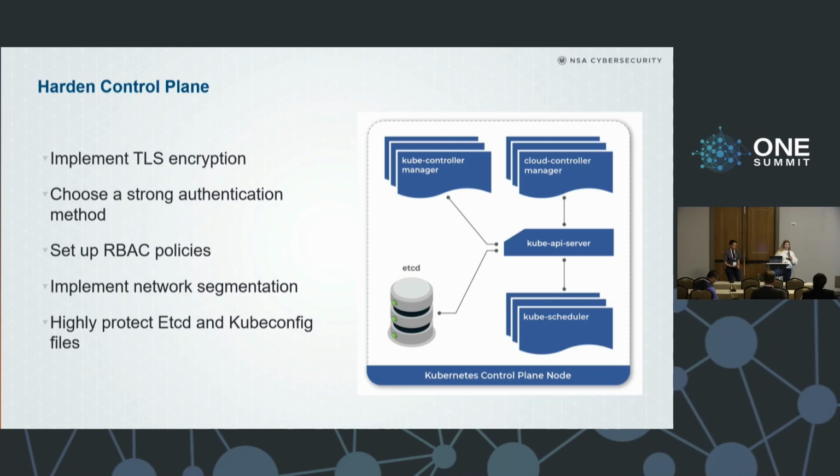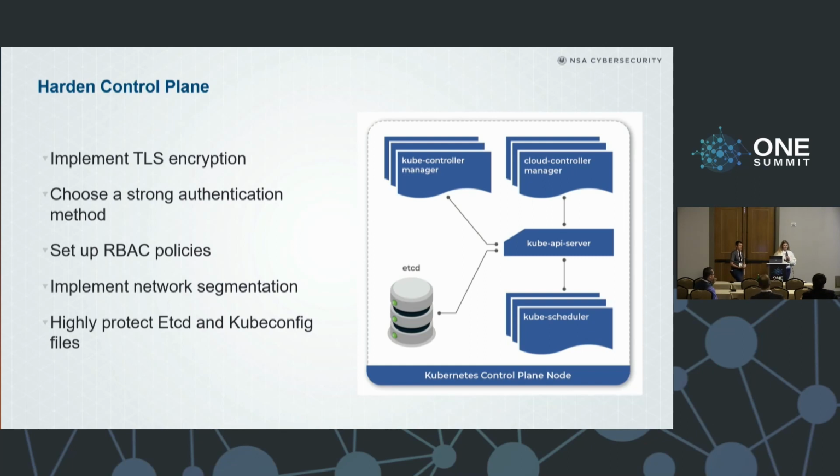So if you don't necessarily need access to the internet, or it could even be an internal network that you don't necessarily need access to, you can use some defense in depth to limit that access. Implement RBAC policies to restrict access.